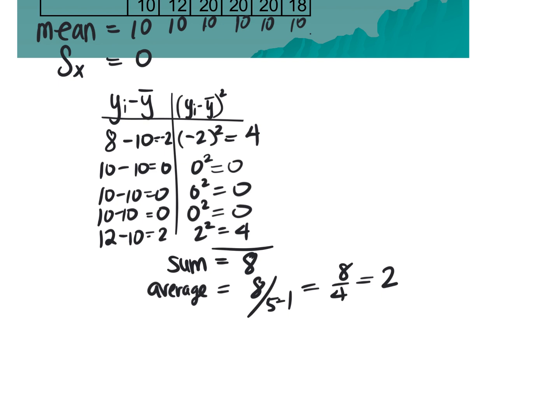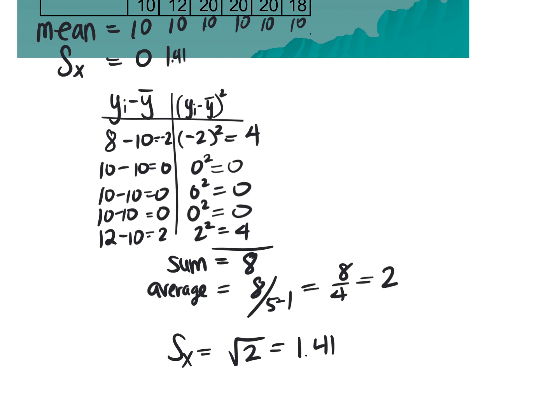And then the standard deviation is the square root of 2, 1.41. 5 values, so we divide by n minus 1. So the standard deviation for group 2 is 1.41.